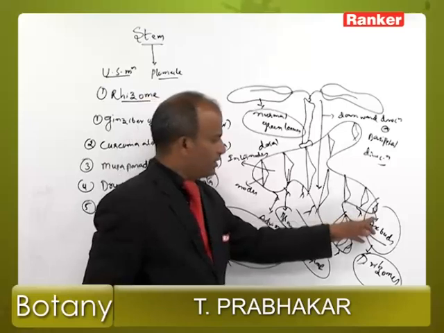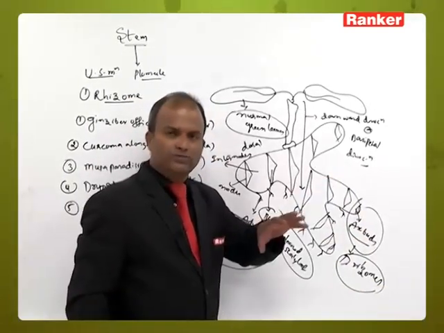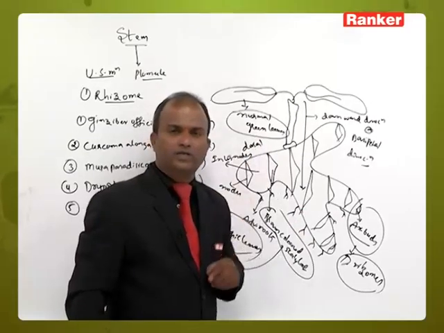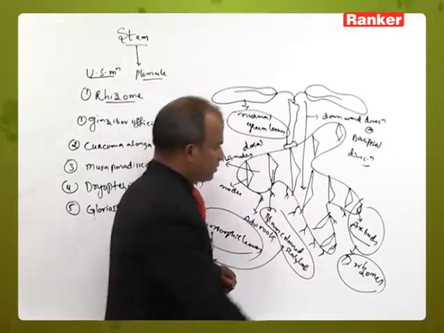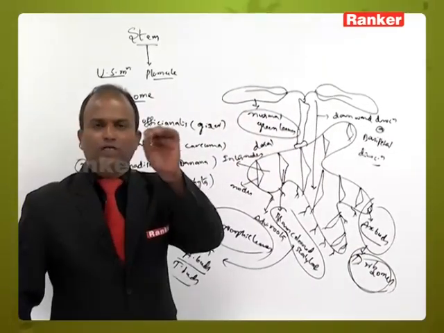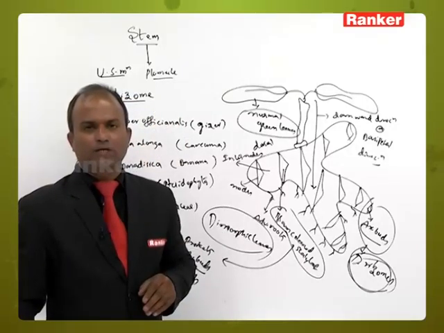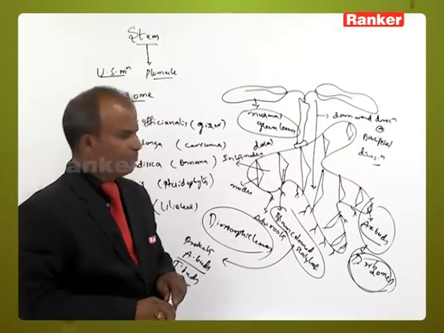The axillary bud not only stores food materials, it also maintains the horizontal growth of the rhizome, and these axillary buds give rise to daughter rhizomes, which means they play an important role in vegetative propagation.